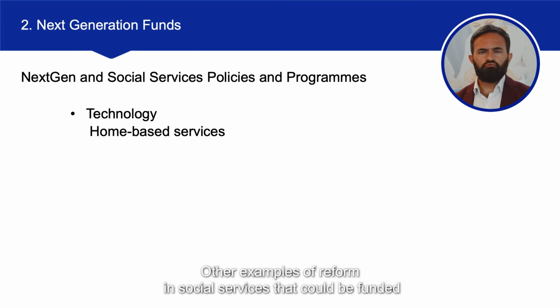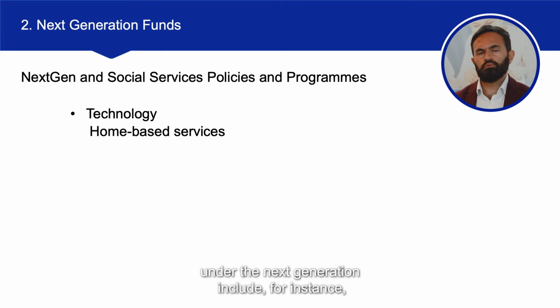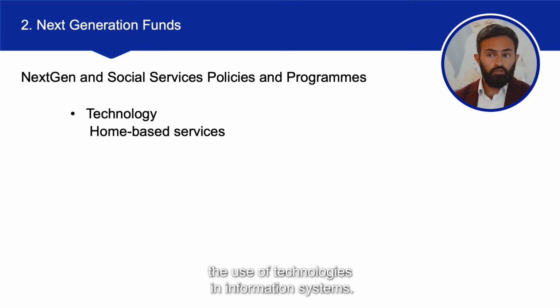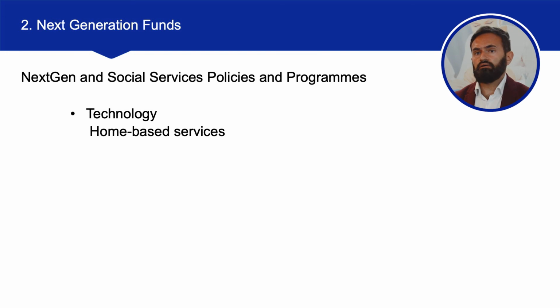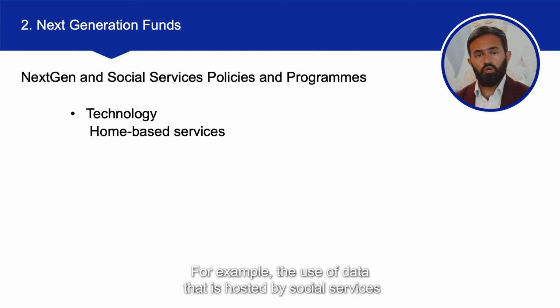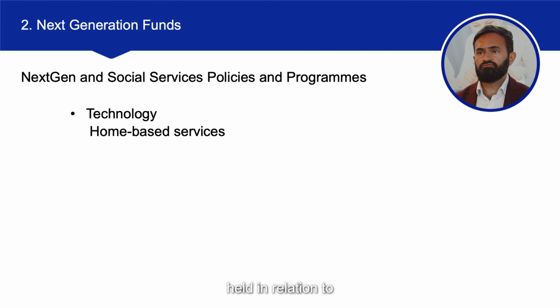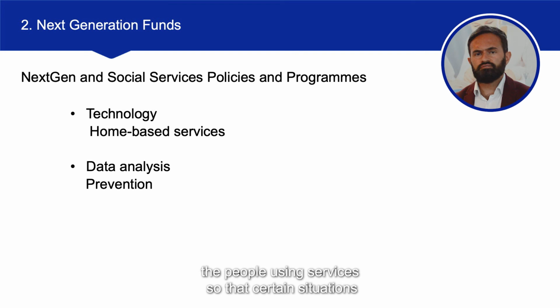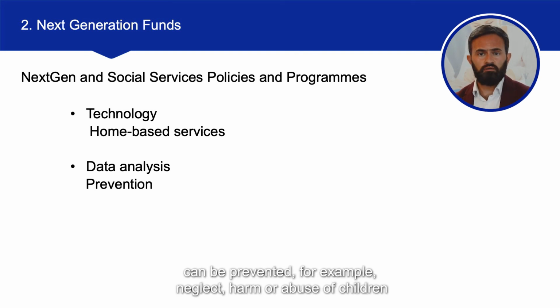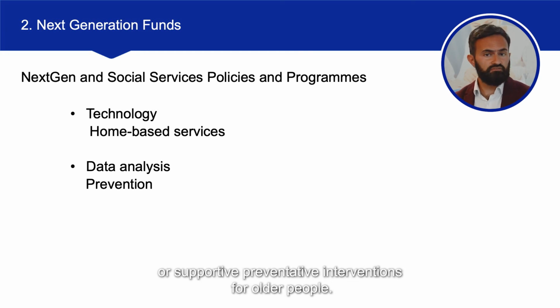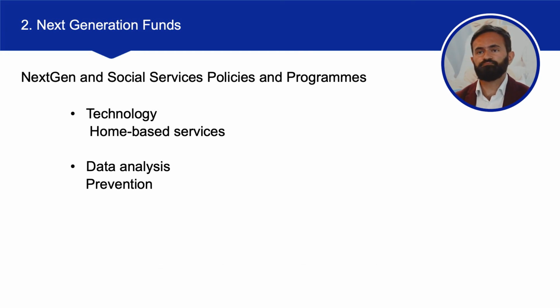Other examples of reform in social services that could be funded under the next generation include, for instance, the use of technologies in information systems, for example, the use of data that is hosted by social services to determine trends which are based on the analysis of that data, held in relation to people using services, so that certain situations can be prevented, for example, neglect, harm or abuse of children, or supportive preventative interventions for older people.